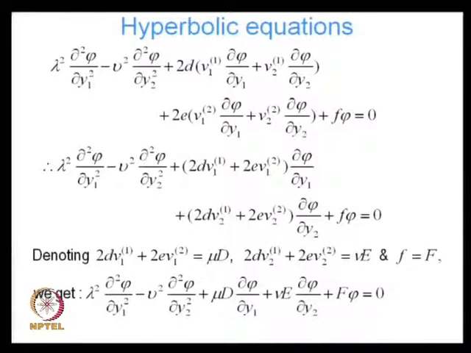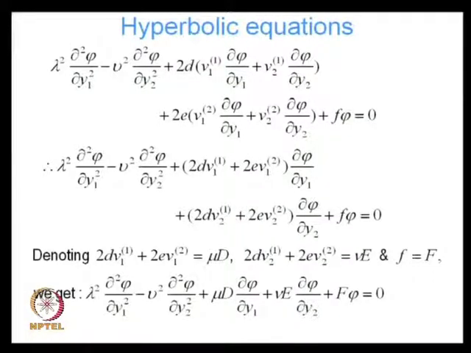And then I pull out the coefficients of ∂φ/∂y1, I get this term involving 2d v11 plus 2e v12, right. And similarly, I pull out the coefficients of ∂φ/∂y2, I get 2d v21 plus 2e v22, right, plus I have the term f phi.